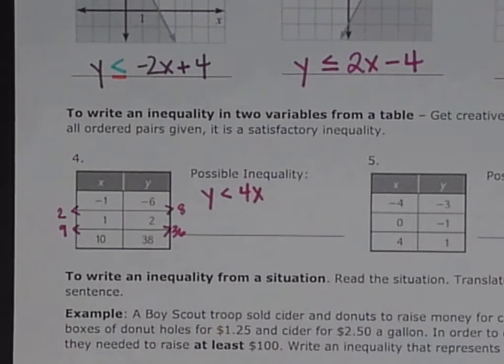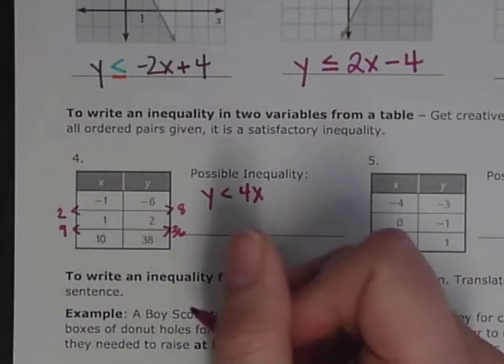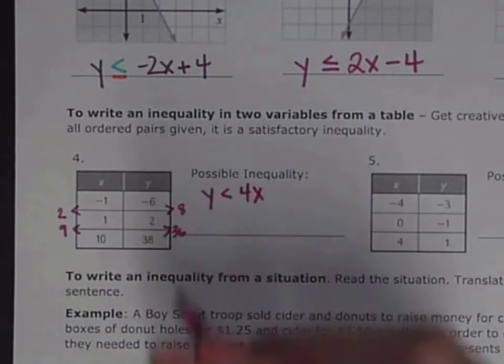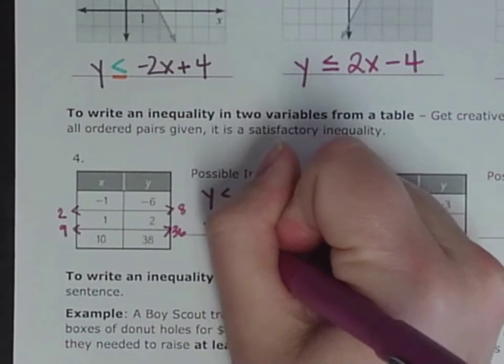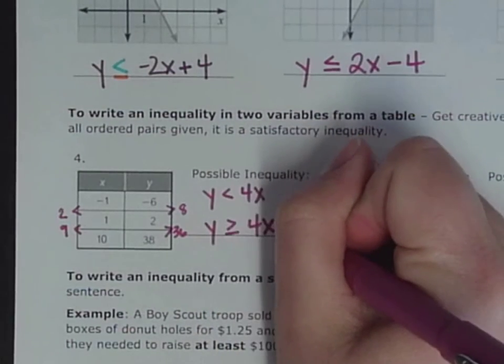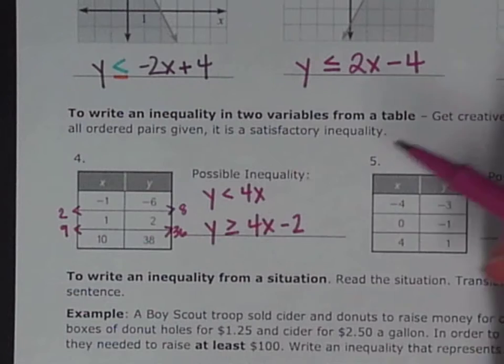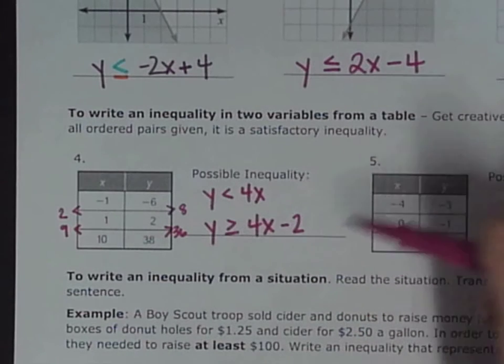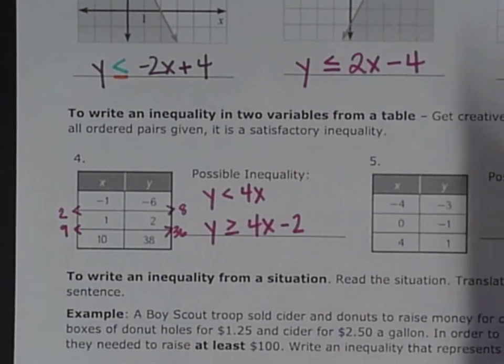So this is true. You could use the y-intercept if you wanted, but you would have to include the or equal to sign. So yes, 38 is greater than or equal to 4 times 10 minus 2.